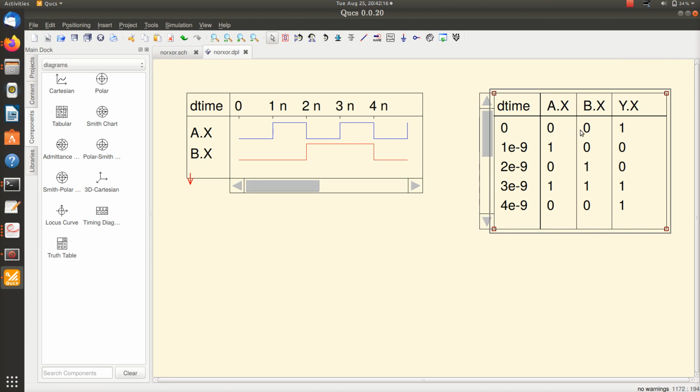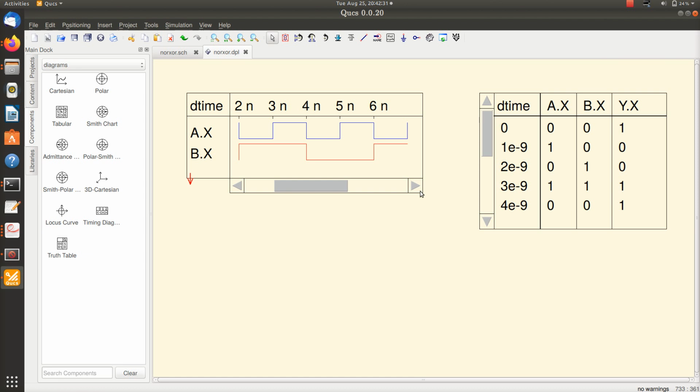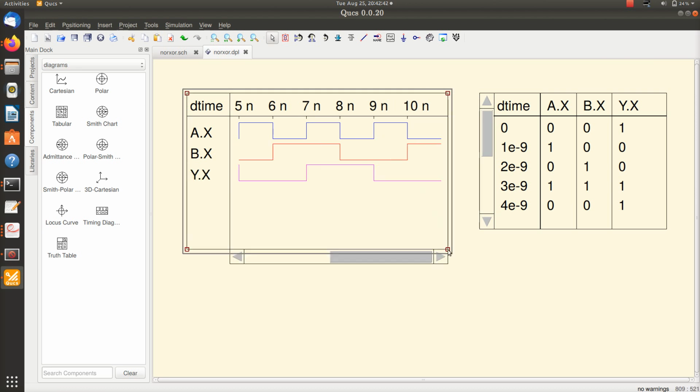When A and B are both 0, 0, when they are equal, 0, 0 or 1, 1, it becomes a 1. When they are different, that is 1, 0 or 0, 1, it is a 0. This is a complement of the two-input XOR.